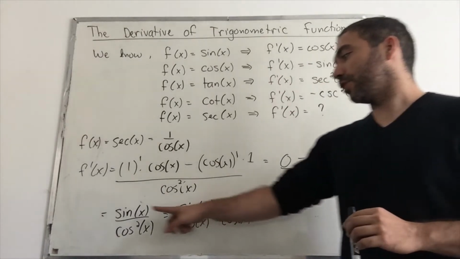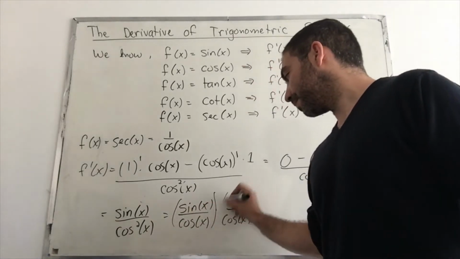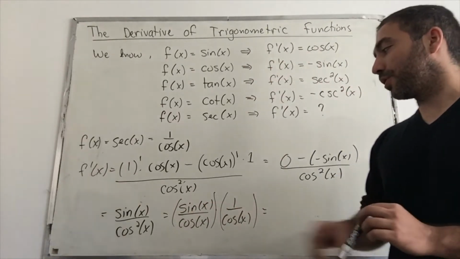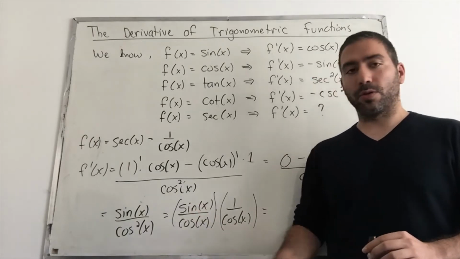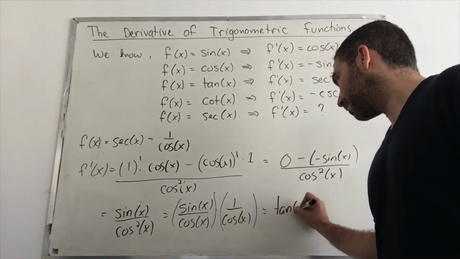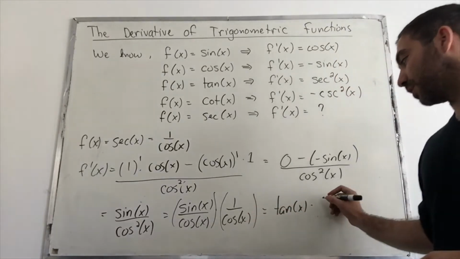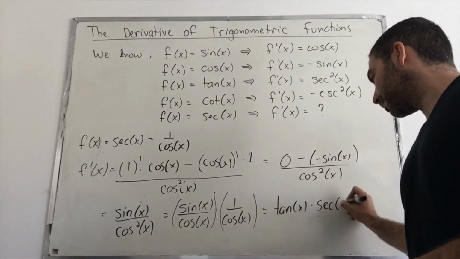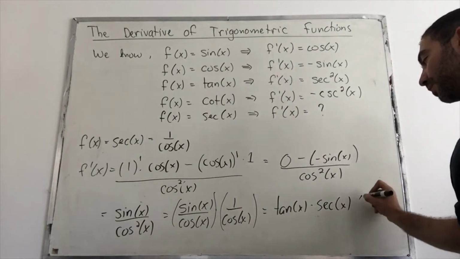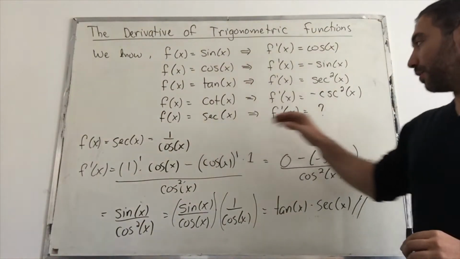Sine times 1 is just this. And the reason why we put it in this form is we're going to use our properties. So sine over cos, we know that's equal to tan. And 1 over cos, we know, is equal to secant. And we're done.